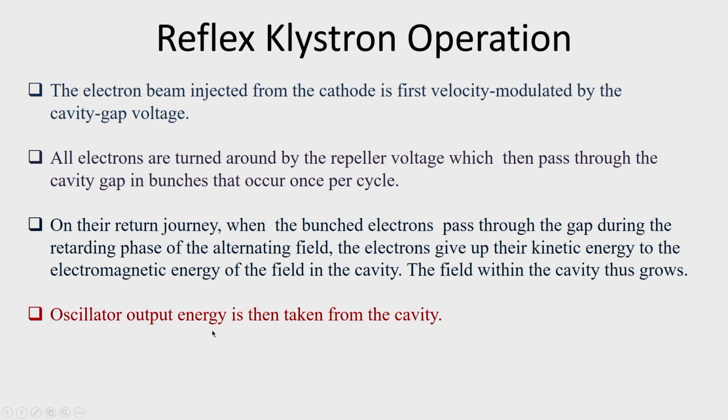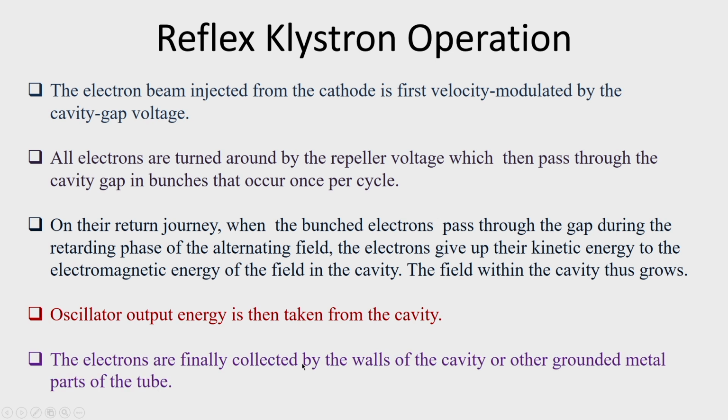The oscillator output energy is taken from the cavity. The electrons are finally collected by the walls of the cavity or other grounded metal part of the tube.